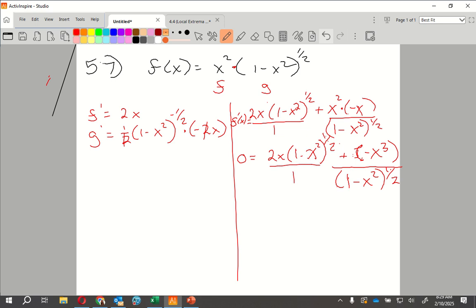So, multiply with this side over here, so I get 0 equals, when I multiply this here, I'm gonna get a whole, because I add the exponents, so that's 2x quantity 1 minus x squared, and that's gonna be 2 over 2, and that's gonna be plus, or a minus over here, and x cubed all over 1 minus x squared to the 1/2.